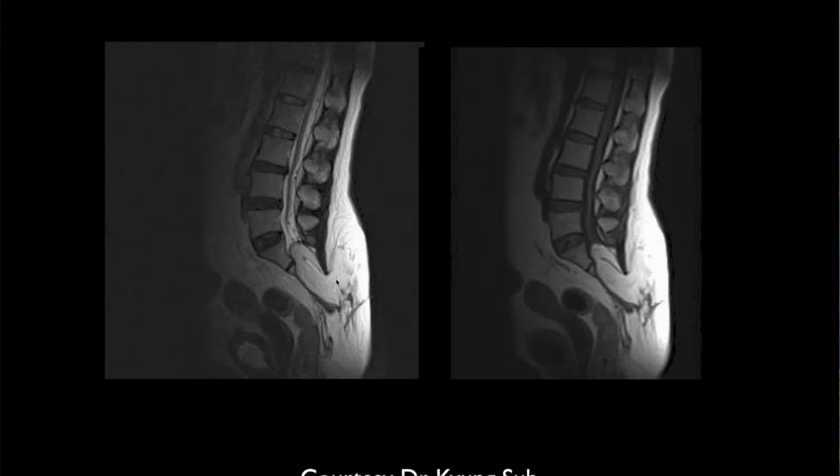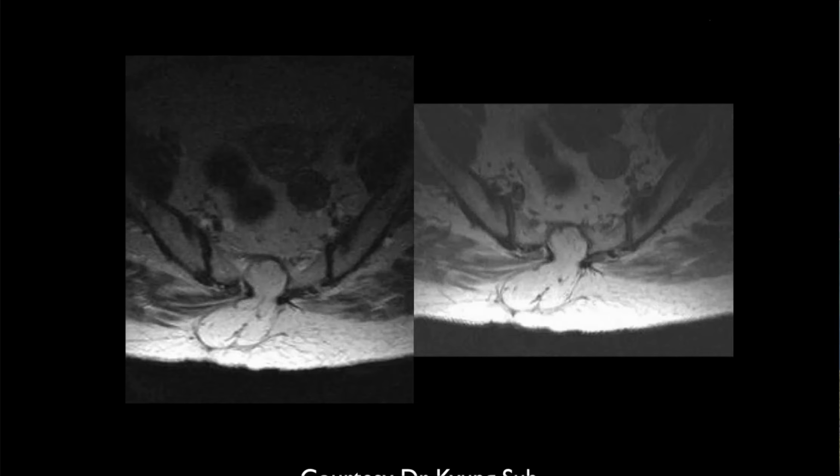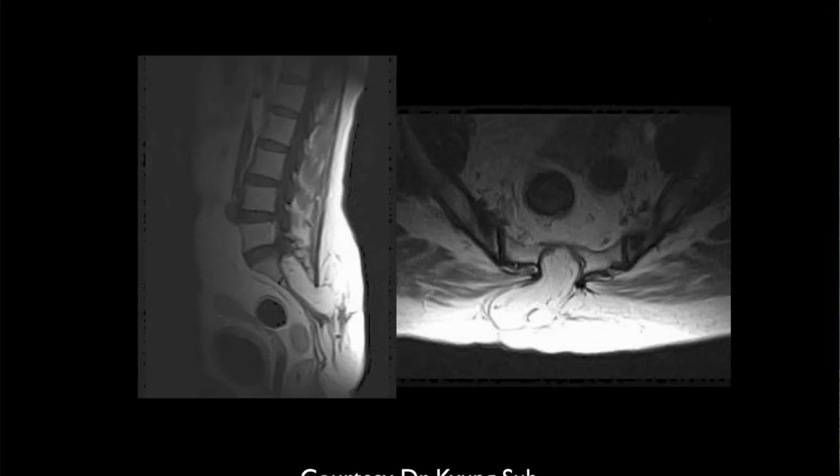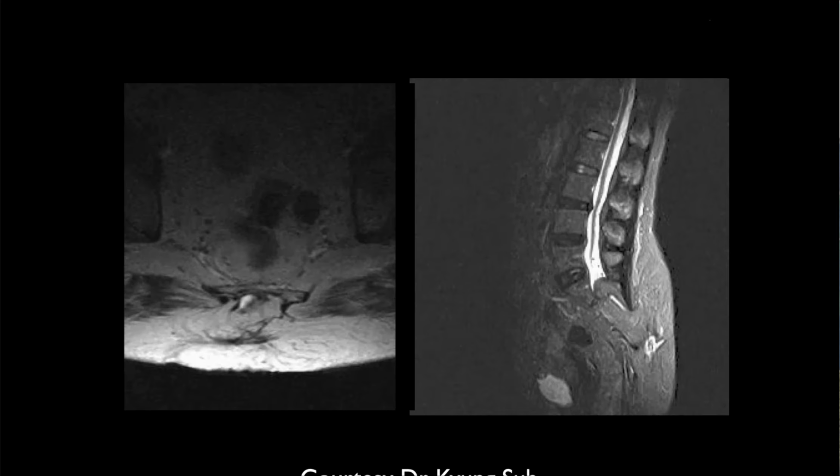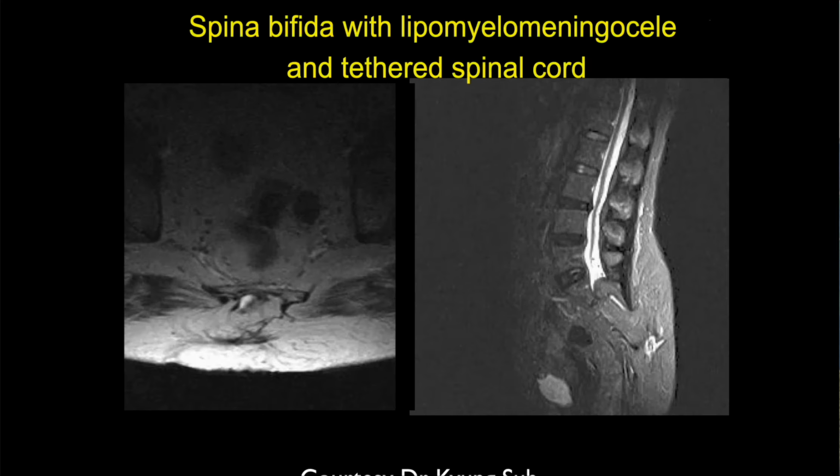Now you see the defect posteriorly here. It's fat, right? Okay. So what do you think this might be? It's called lumbar lipomatosis. No. Okay, so this is spina bifida with a lipomyelomeningocele.